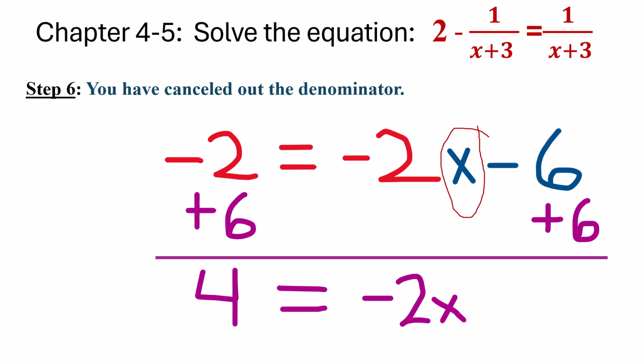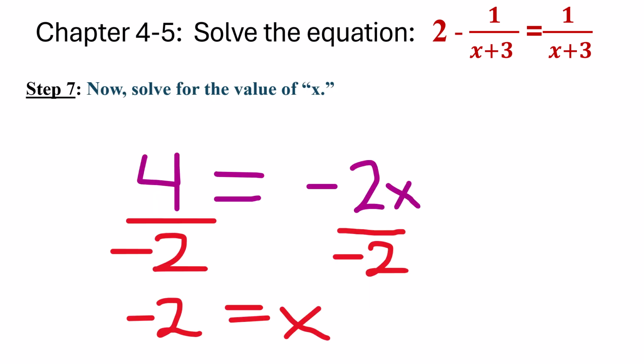But in order to do that, what do we do? Let's use this word again. Like terms. Like terms. Minus 6 plus 6 plus 6, this is 4, equals negative 2x. Multiply. Multiplicative inverse.